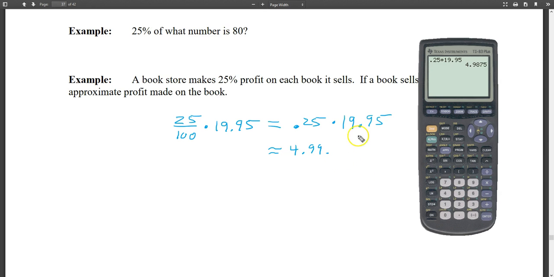Which makes sense because $19.95 is pretty close to $20, right? 25% is 1/4 of the amount you're looking for, and so 20 divided by 4 is $5. So very close to $5.